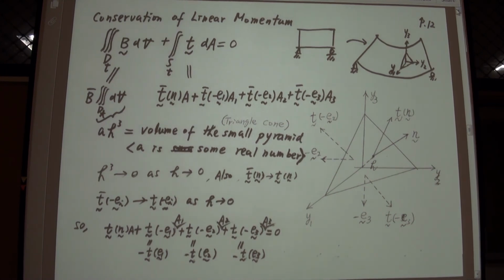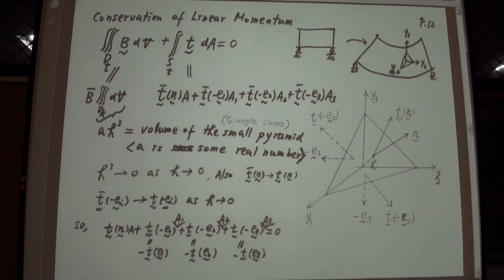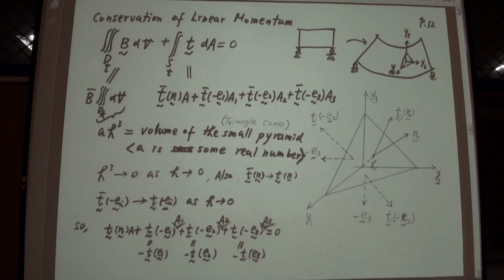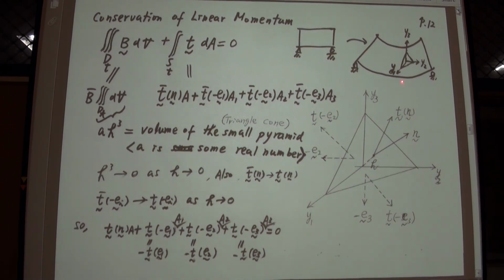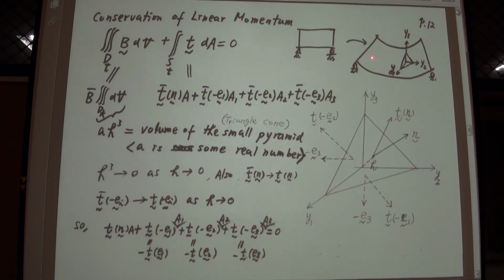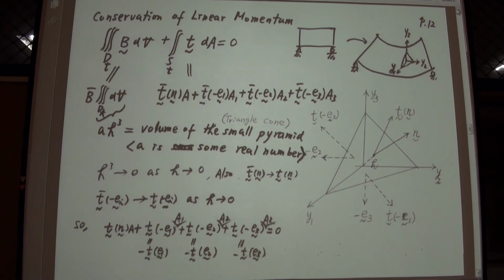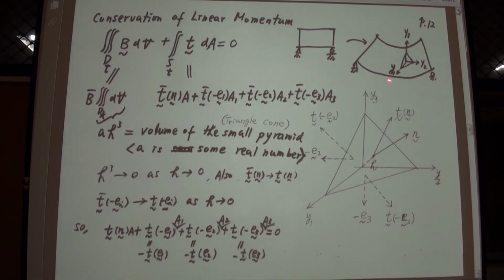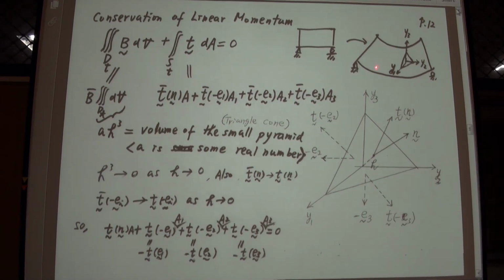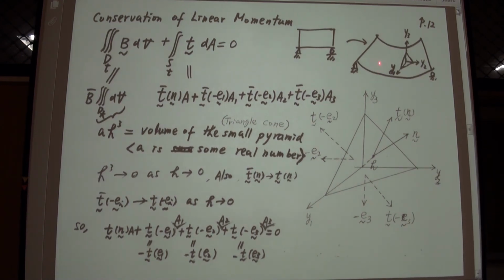For all these domains, we can write down the conservation of linear momentum. We shouldn't say that the linear momentum holds only for the whole beam. The conservation of the linear momentum should hold for every piece of material, right? So this is the point. We are not confining the domain as the whole beam. We are confining the domain of the integration as an arbitrary material point.